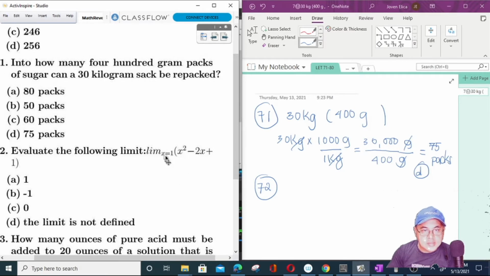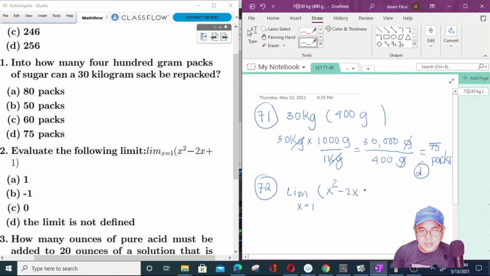So this is the limit as x equals 1 of x squared minus 2x plus 1.